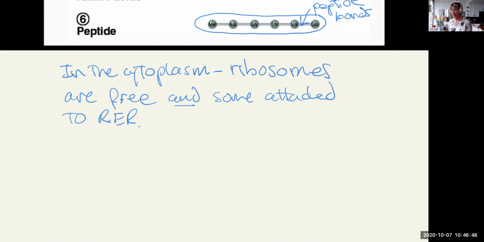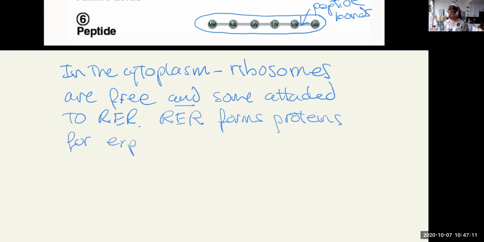So proteins that will be exported from the cell are formed on the rough endoplasmic reticulum. So the RER forms proteins for export from the cell.